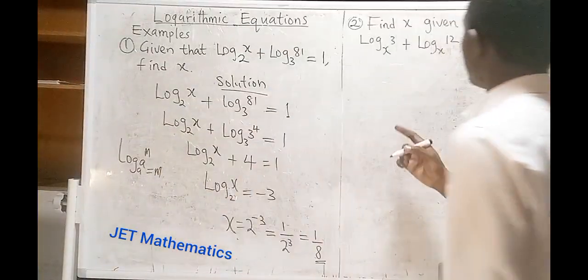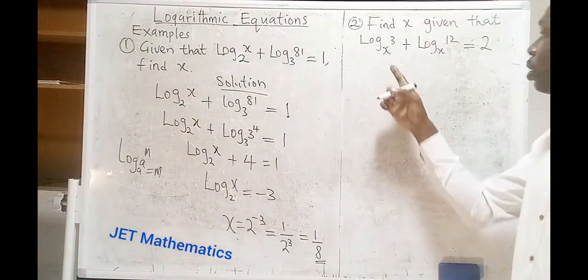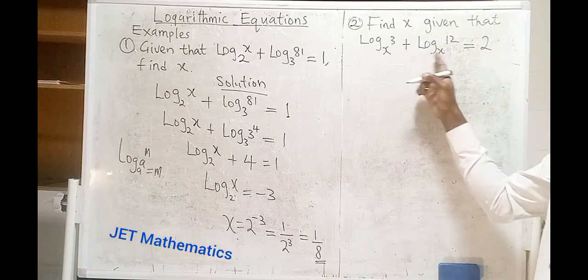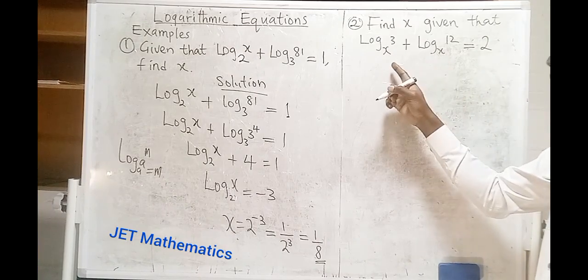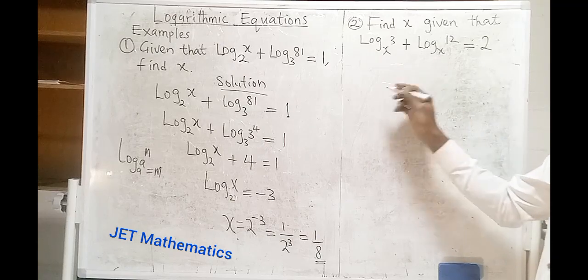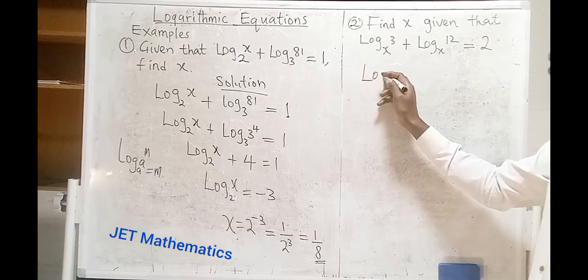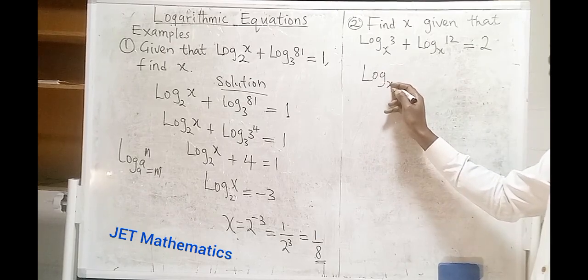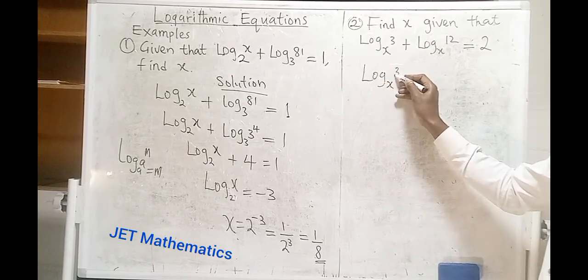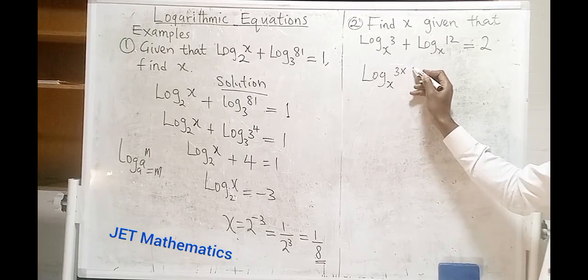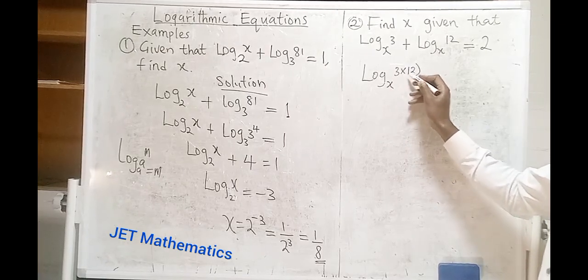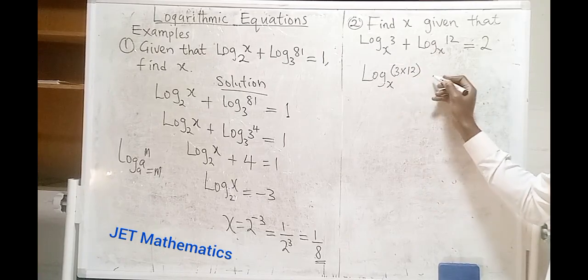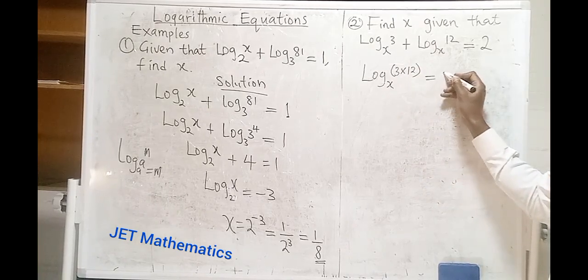The second example is quite straightforward. Since these bases are the same, we can say this is log x of 3 times 12 equal to 2.